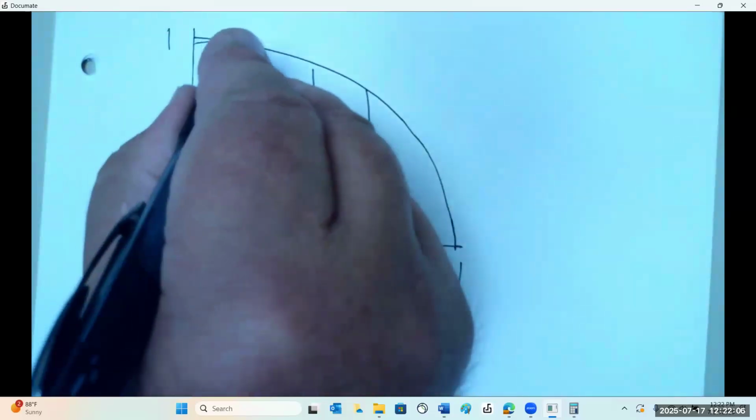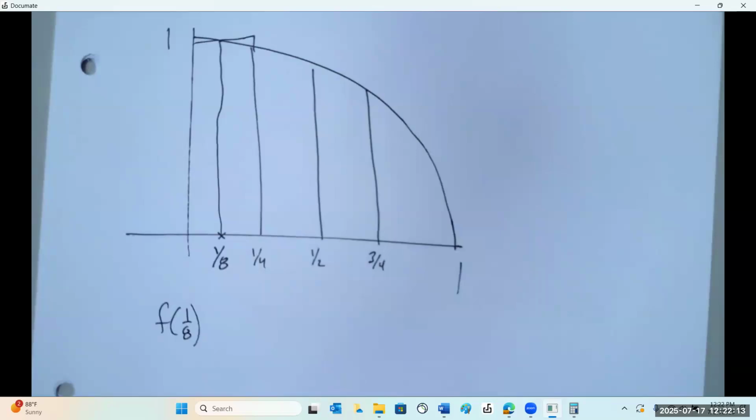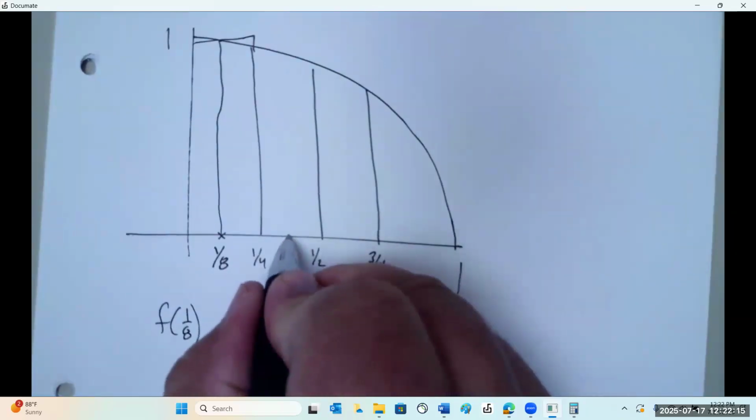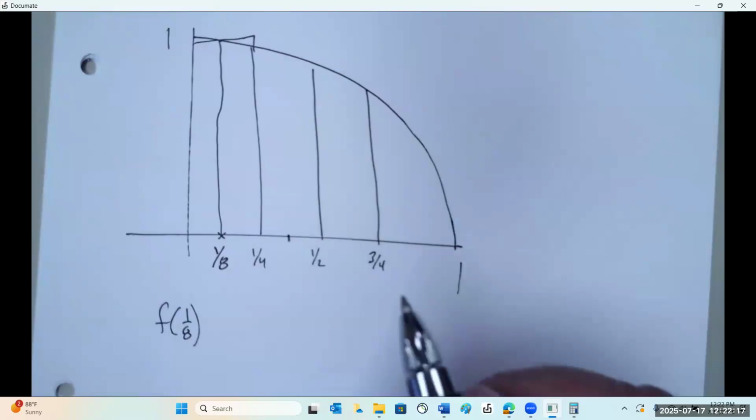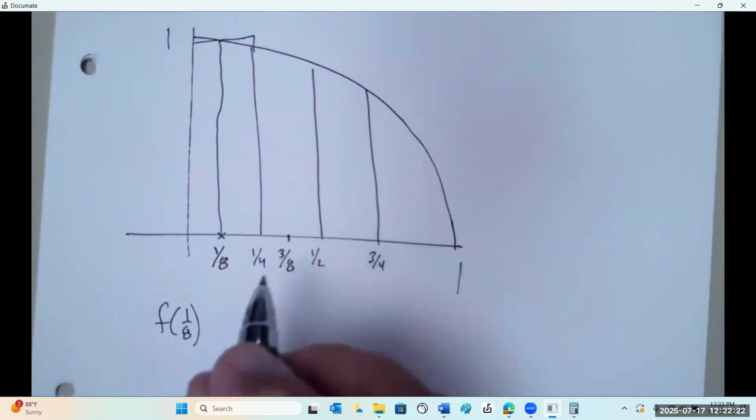This is the one we're going to use for this first one. So f of 1/8. Then we're going to use 3/8 as the next one.